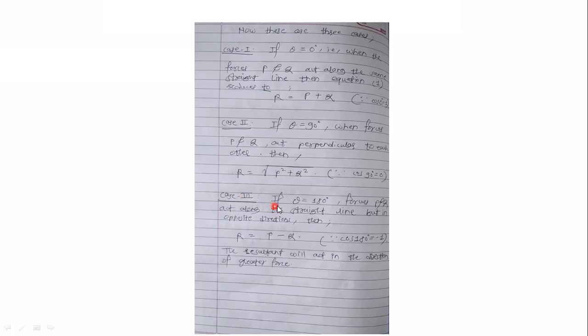Now case number 3, if your angle is 180 degrees. You know that cos of 180 is equal to minus 1. On your calculator also you will get this, right? So cos of 180 will be equal to minus 1.